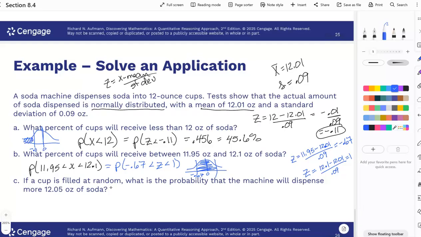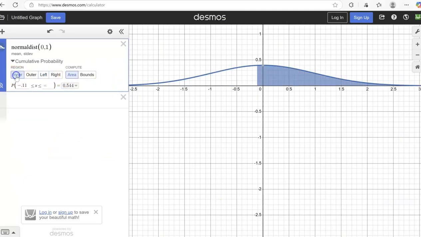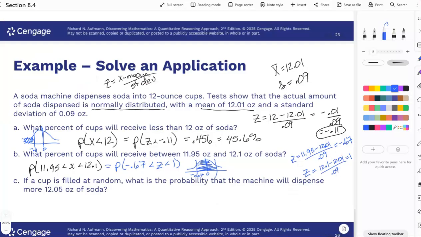But this one's an in-between problem, so when I go to Desmos, I need to use that inner feature. So negative 0.67 and then 1. And you can see that area is 0.59. Or 59%.